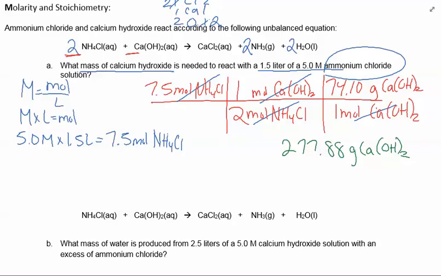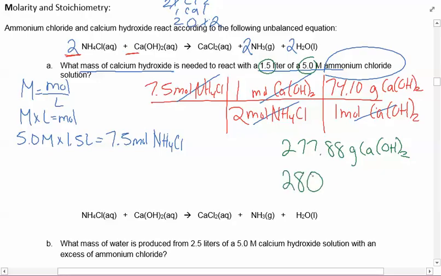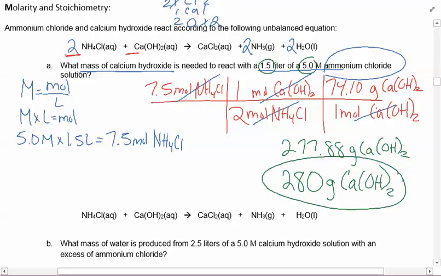But because of sig figs, we're going to round it to 2 sig figs. You'll notice that both of the values given to us in the problem have 2 significant figures, so that's what we're going to use to round our answer. So it's going to become 280 grams of calcium hydroxide. Remember, if you write 2 answers like this, make sure you circle the one that you want as your final answer.